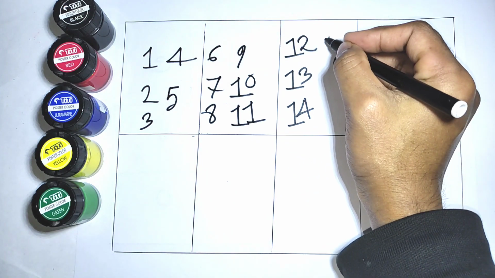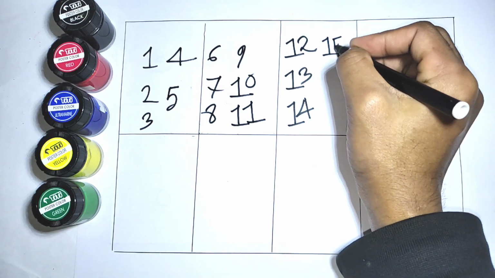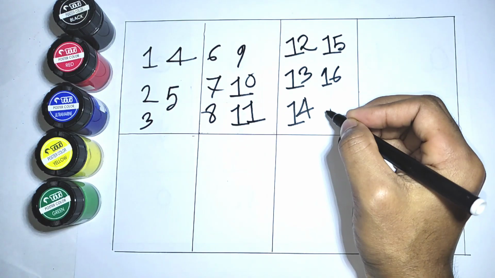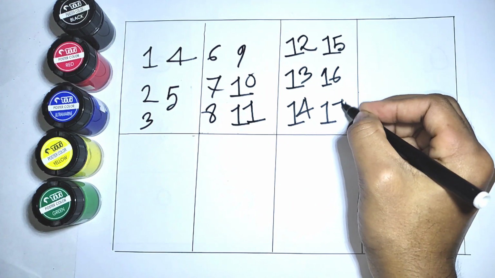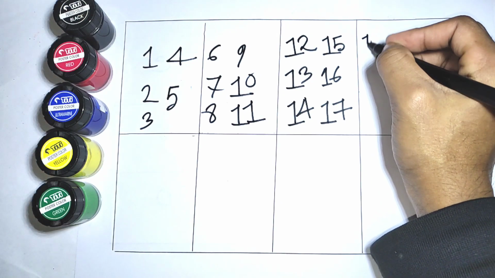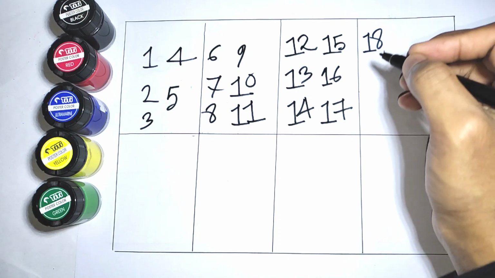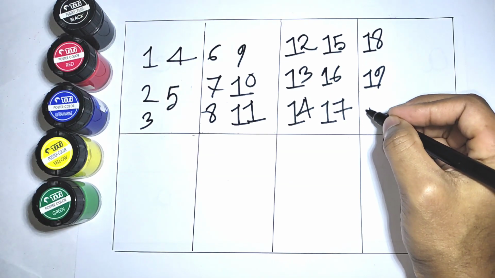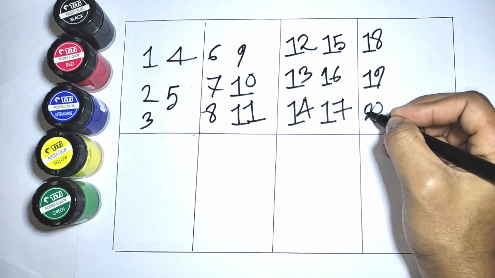And the next one is 15. Now we draw 16. 17. The number of 17. Kids, now we draw 18 and the next one is 19. Now we draw 20.